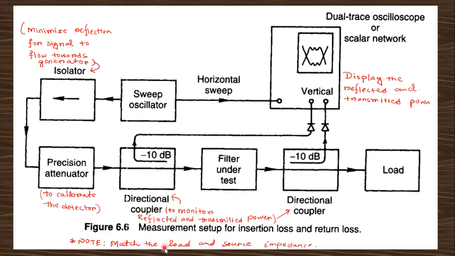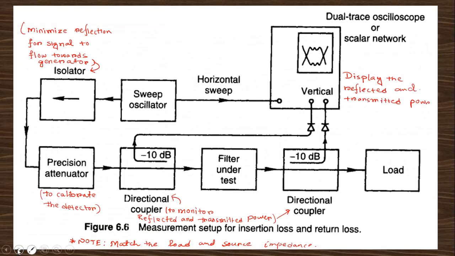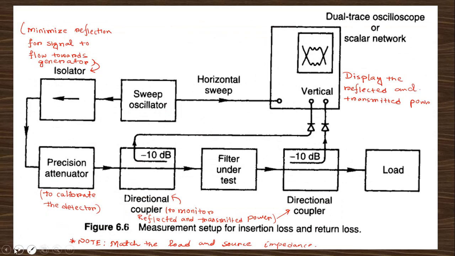Finally, this displays the reflected and transmitted loss. So by this arrangement we can find the reflected loss and the transmitted loss, that means insertion loss and return loss. Clear? This description is written for this figure.